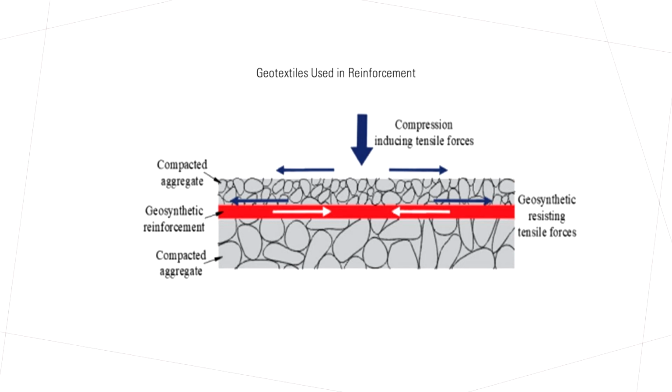Obviously, there are 3 current mechanical properties of the geotextile used for reinforcement: first, textile modulus, second, textile strength, and last, surface friction. The reinforcement function of the geotextile is the most commonly used in geotechnical engineering.